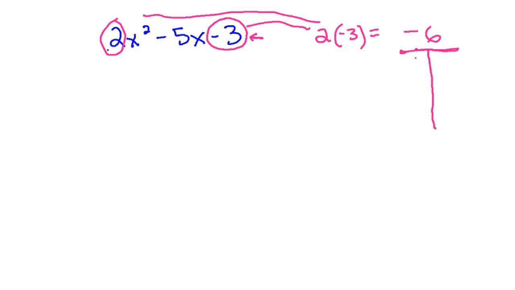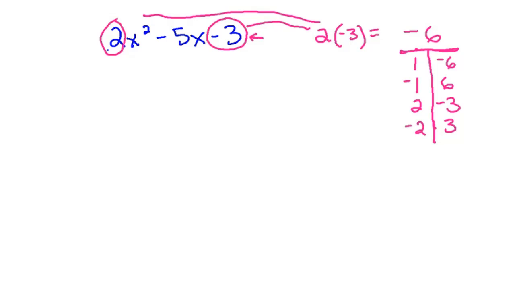So a -6 can be 1 times -6, or -1 times 6, or 2 times -3, or -2 times 3.